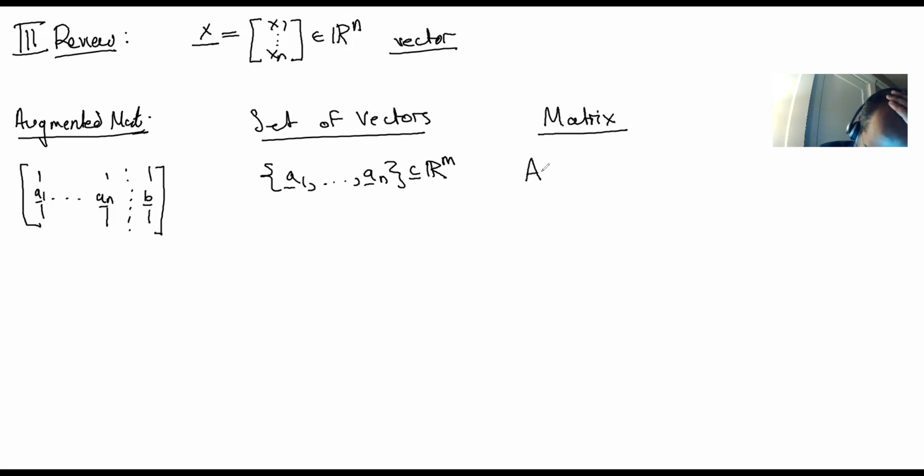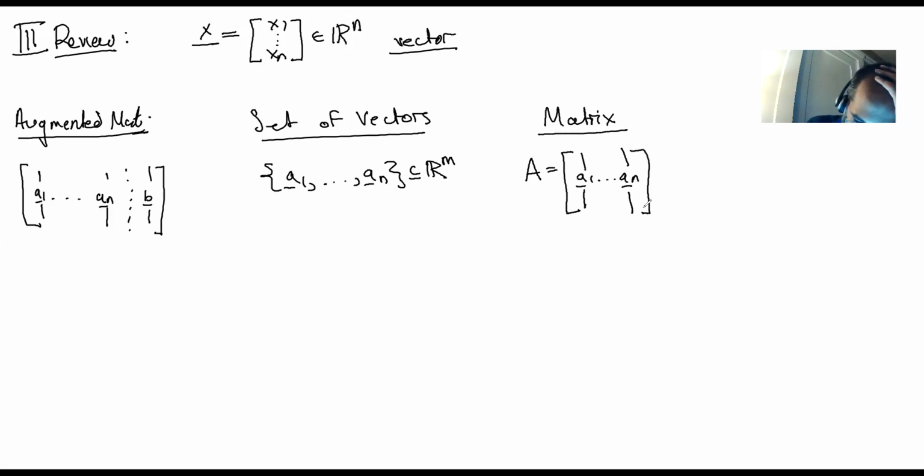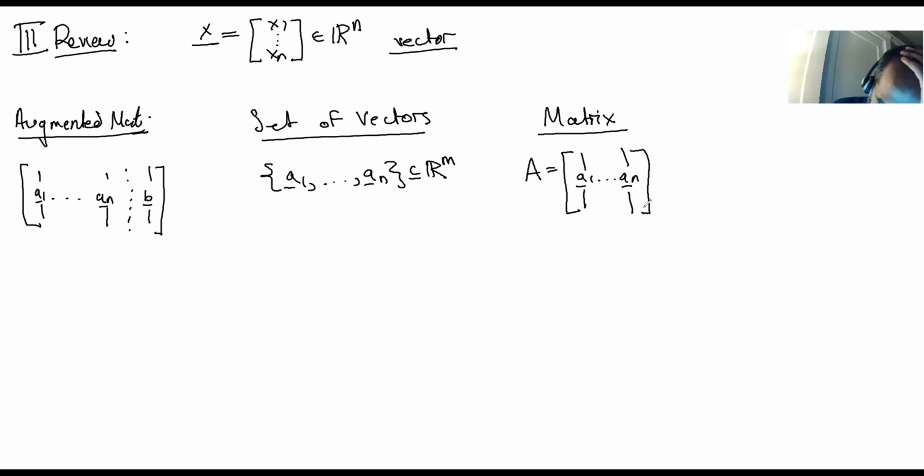So a matrix of vectors is now where you just place the vectors in the columns. And then finally in week 3, we looked at linear transformations. So this is now a function going from Rn to Rm.